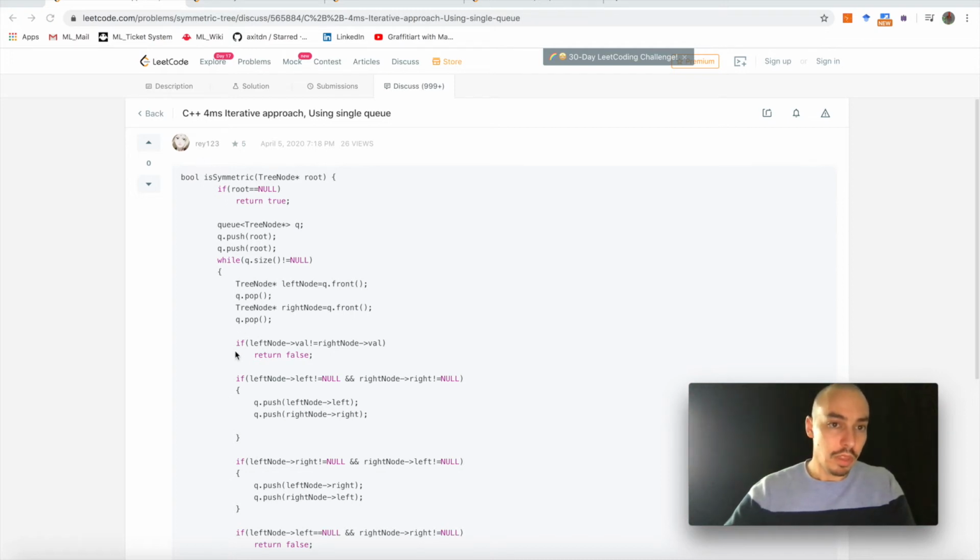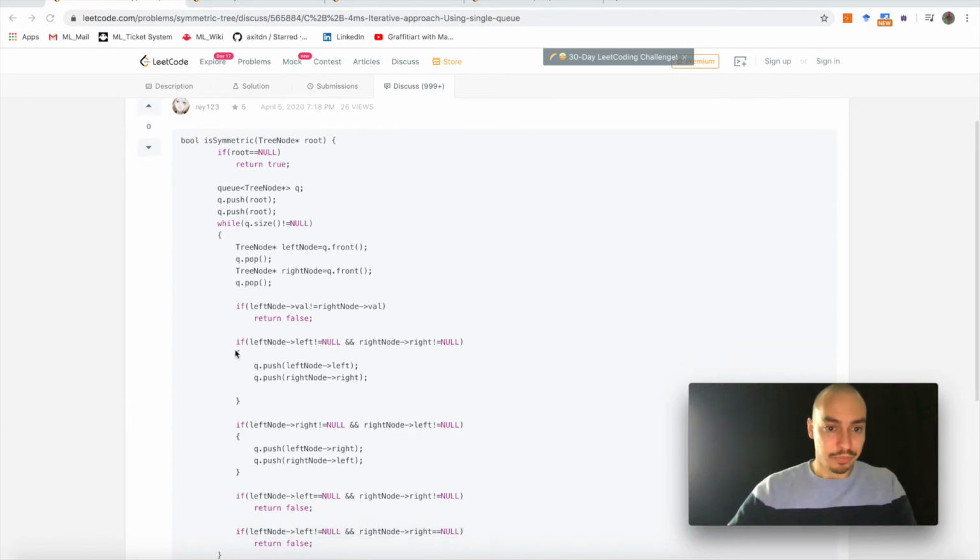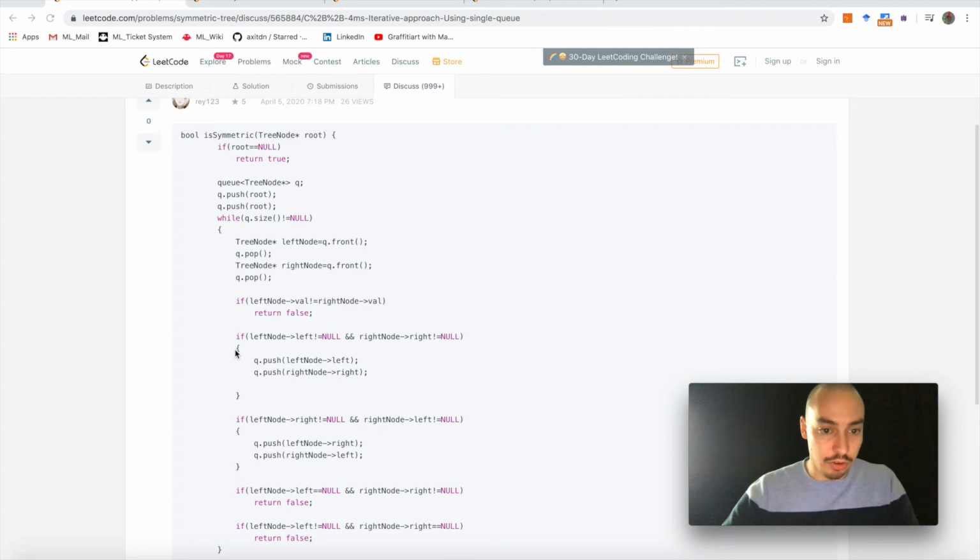Okay, so the first problem was to find that symmetric tree. And sure enough, we will find a queue of tree nodes Q, and we push the root node onto it twice, which is essential for finding the symmetry.